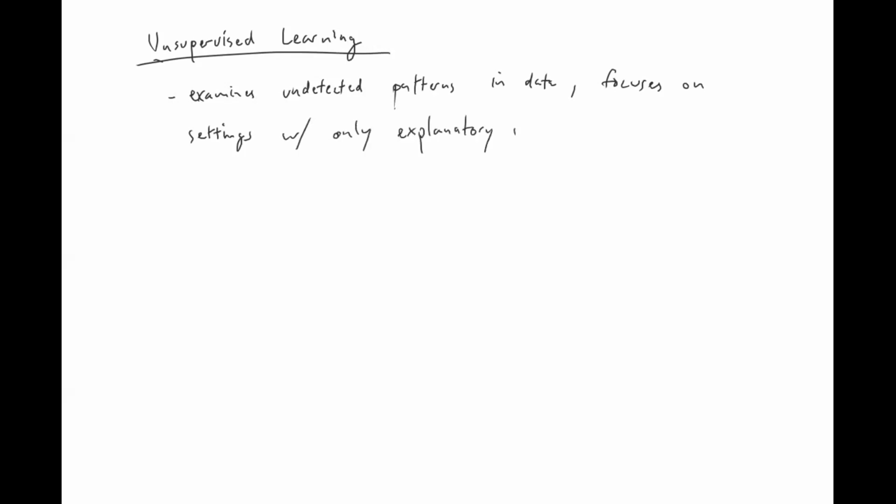And what is the distinction? So unsupervised learning examines undetected patterns in data. It focuses on settings with only explanatory variables. No response variables.